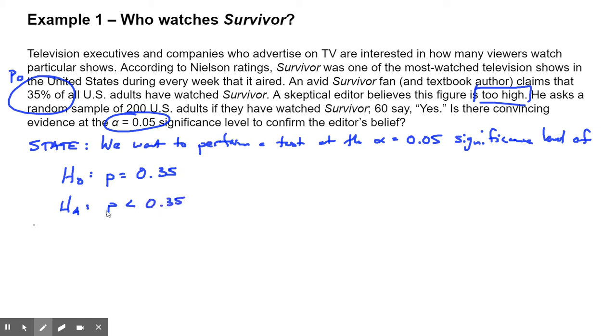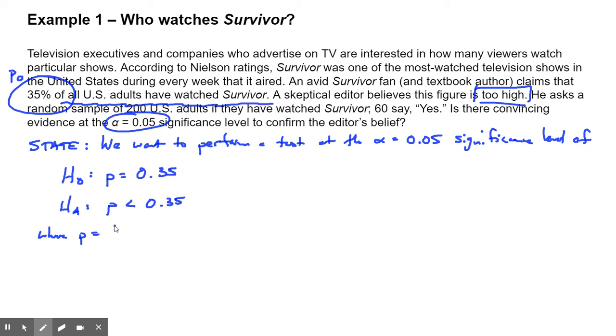So there you go. And now we state what p is, where p equals. And now again, somewhere in here, we have to talk about what we're measuring. So we're looking at the true proportion of all U.S. adults who have watched Survivor. It's kind of stated right here. True proportion of all U.S. adults who have watched Survivor, right there, following the null proportion.